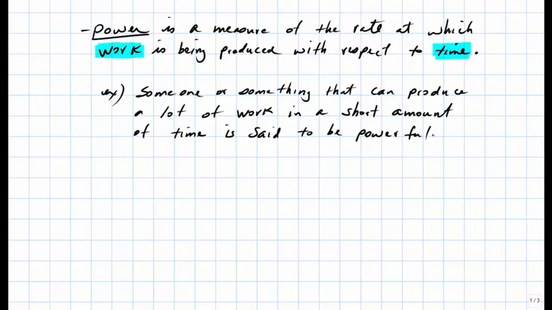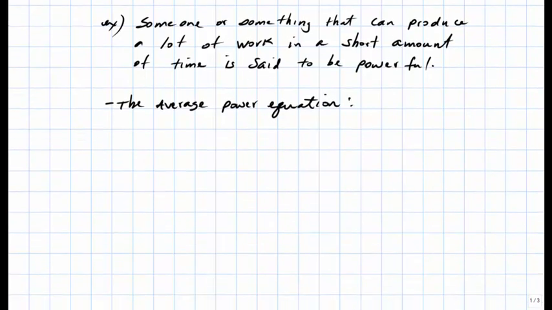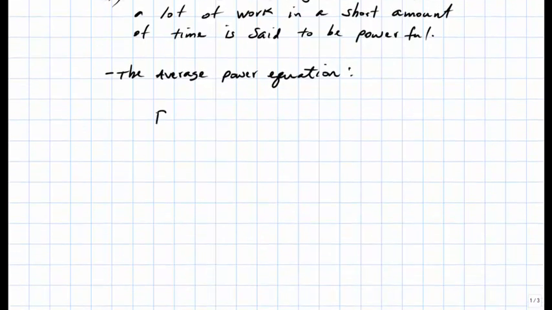Let's introduce the equation for average power. Average power, which is abbreviated as P with a bar on top, is simply defined as the work divided by time.